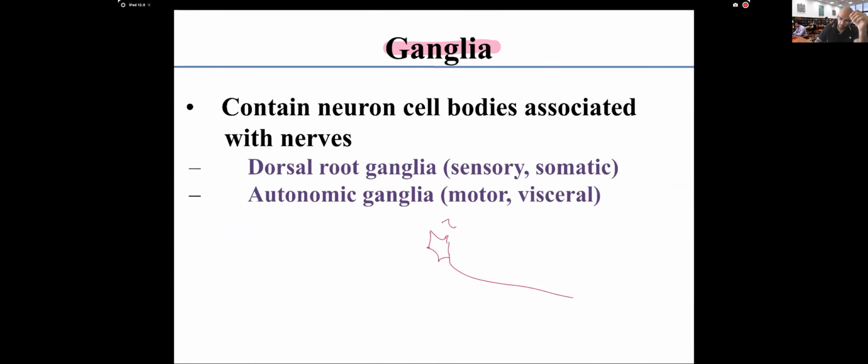If you remember, cell bodies outside of the CNS, that's what we call a ganglion. And the collection of axons outside of the CNS in the peripheral nervous system is going to be called a nerve. Cell bodies in the CNS, we call this a nucleus. And the collection of axons in the CNS, inside the brain and spinal cord, we call those, if you remember, tracts.